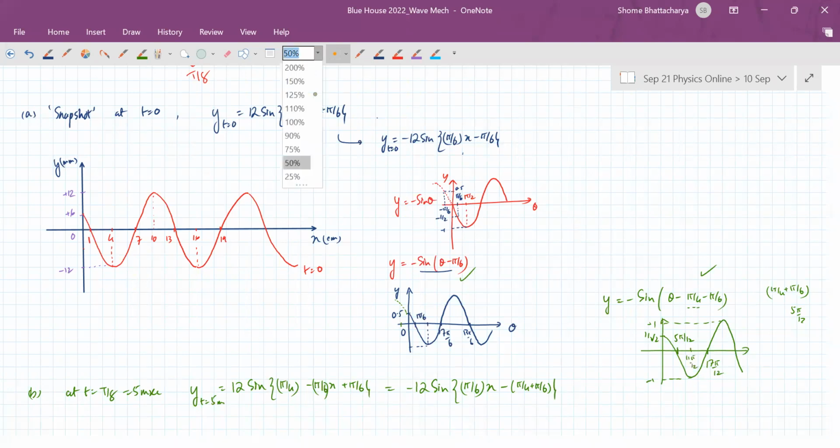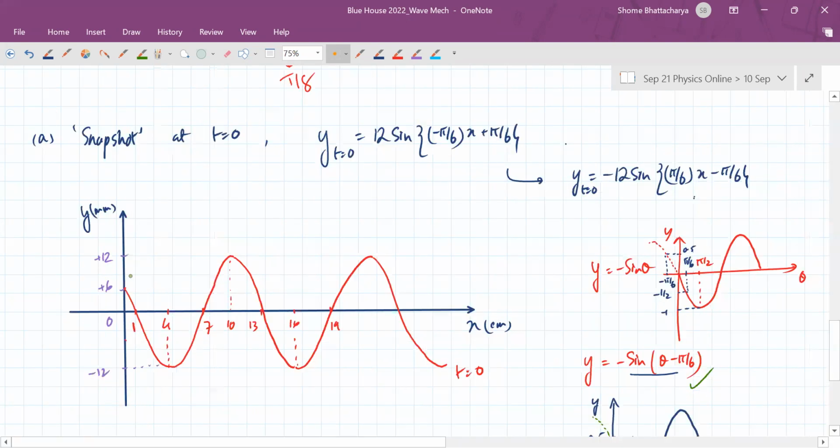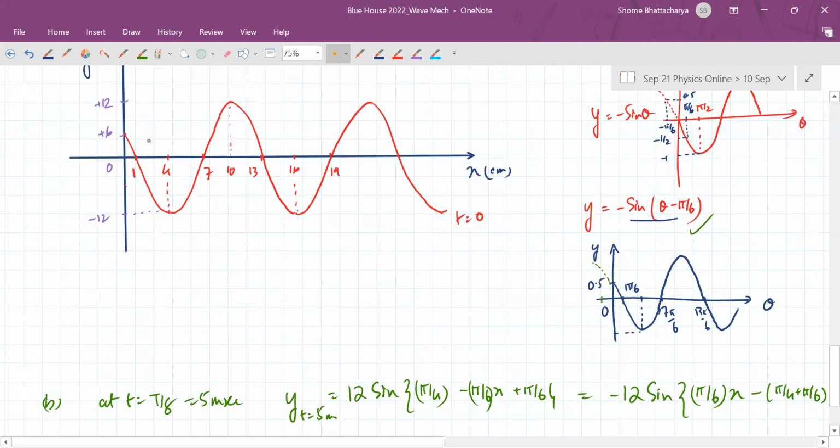So if we plot that again in this diagram, you can see this snapshot picture like this.